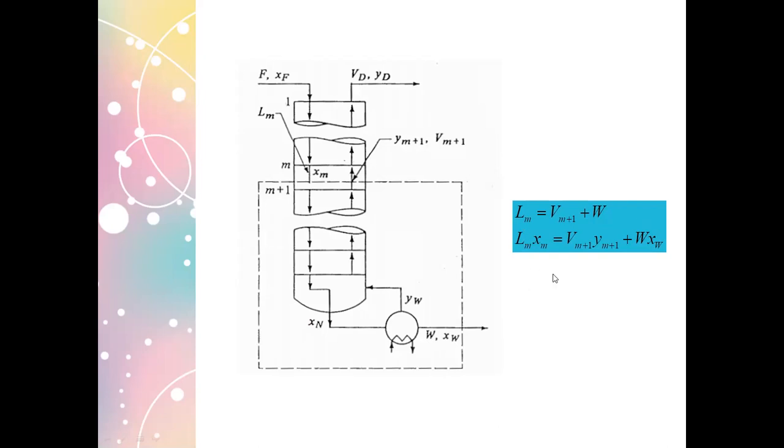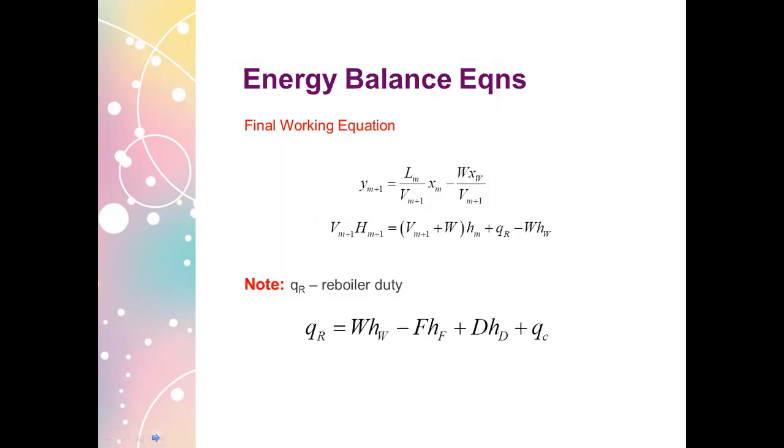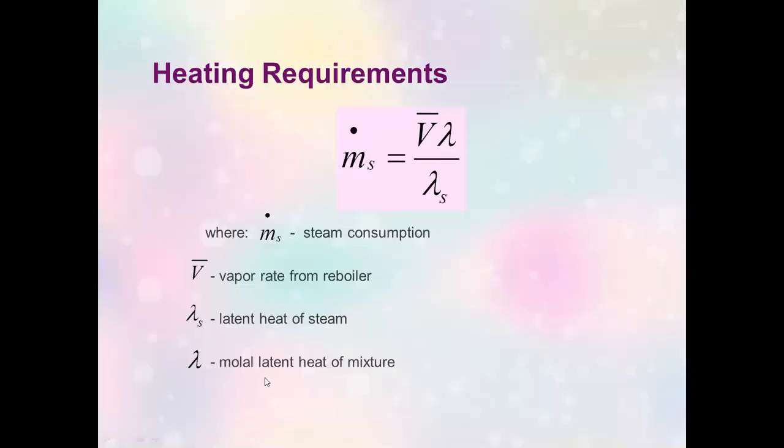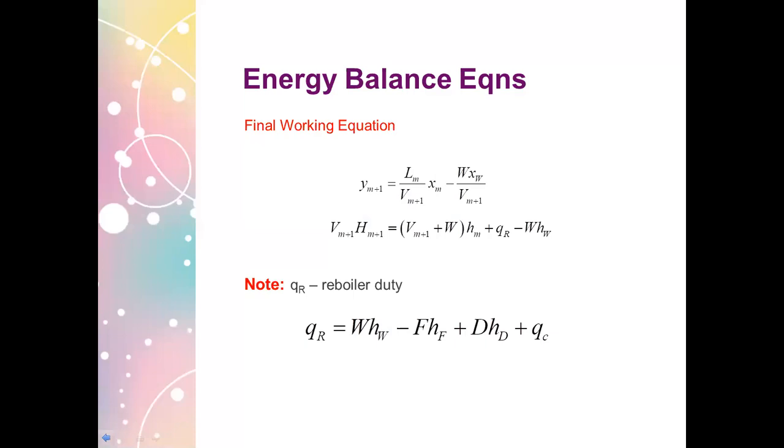When you write down the component balance, it's patterned on your material balance. So whatever you have written here, you just multiply it by the mole fraction. The operating lines are determined just like what we did with the enriching section. Now, your energy balance, this is your final working equation. Sorry, class. Wait. Why is it that I don't see a final working equation here?